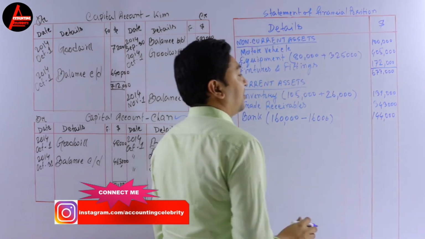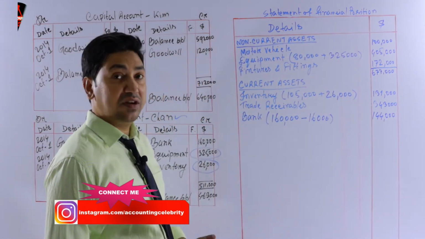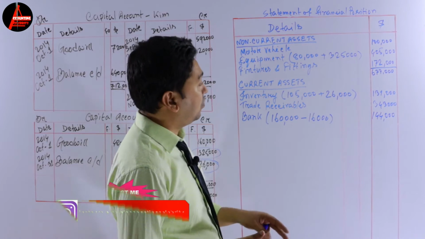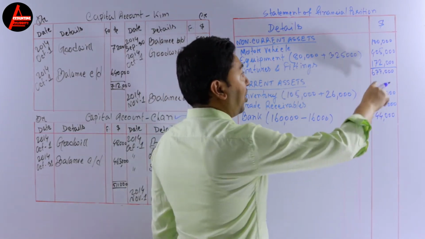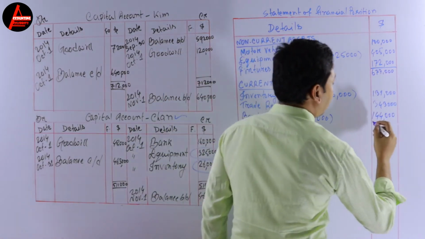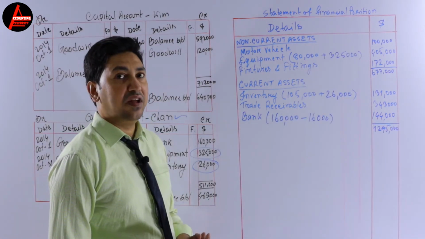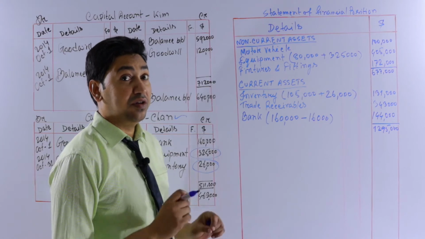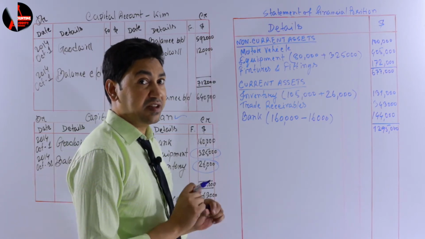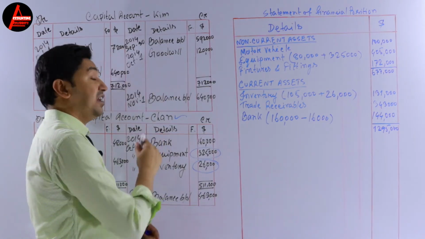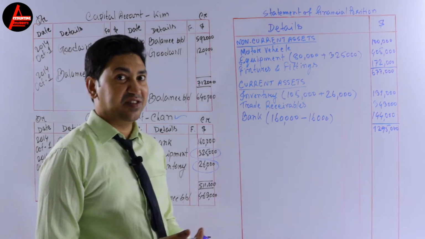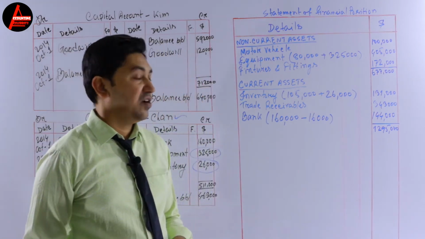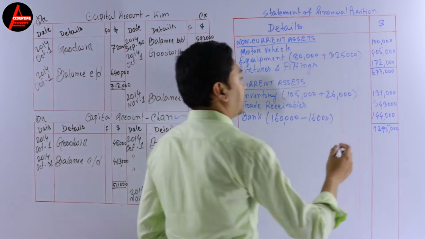So this is all about assets. Now if we add all these assets, this is the value of assets this partnership business has after taking Chen as a partner. Let us see what is the situation of the liabilities.